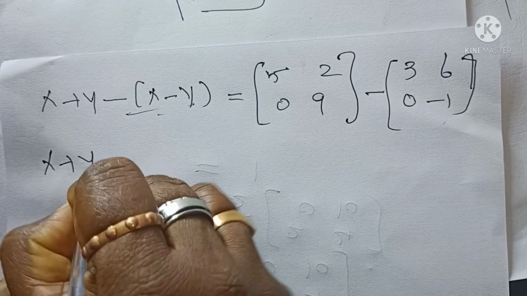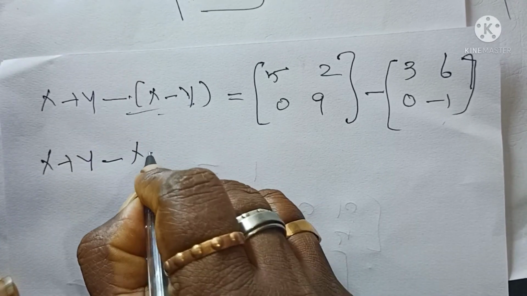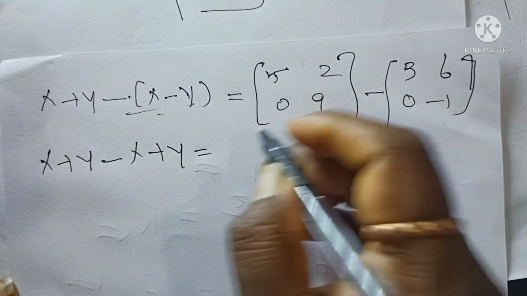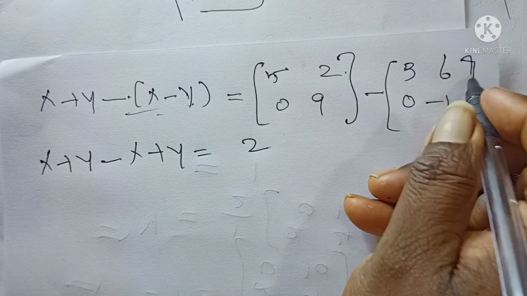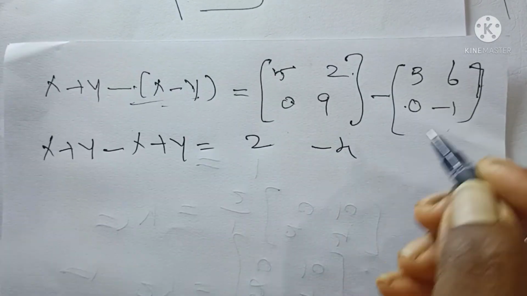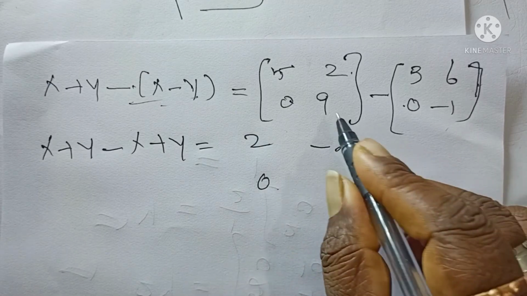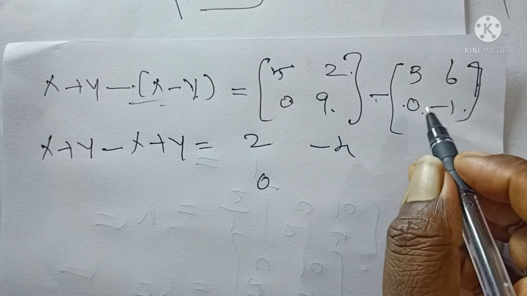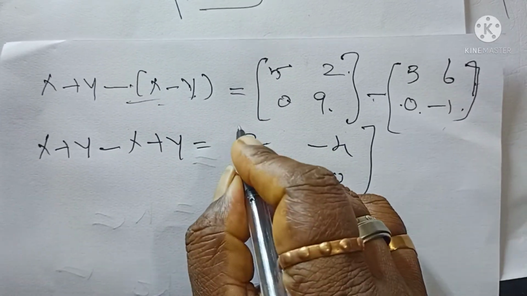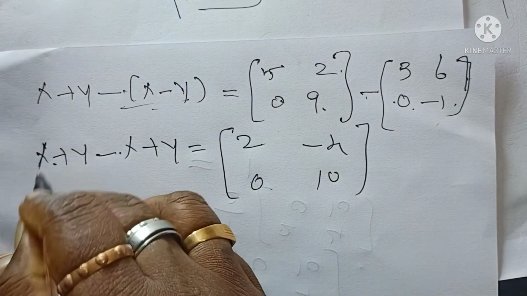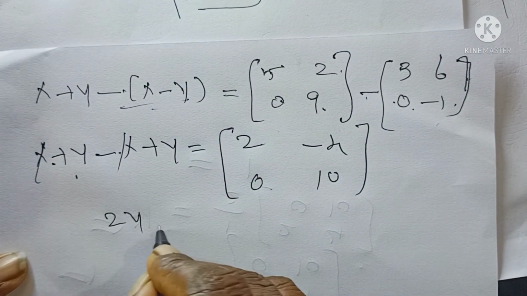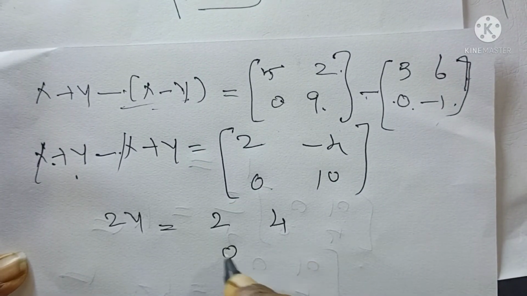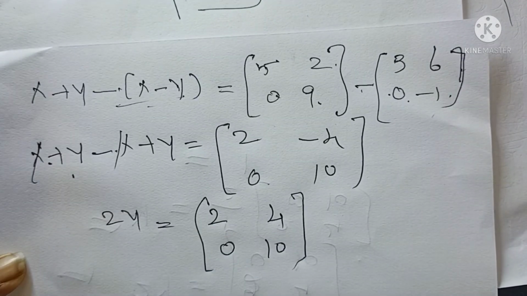So x plus y minus x minus of minus plus y equals 5 minus 3 is 2, then 2 minus 6 minus 4, then 0 minus 0 is 0, then 9 minus of minus 1 is 9 plus 1, 10. Here x minus x is 0, so 2y is equal to 2, minus 4, 0, 10.